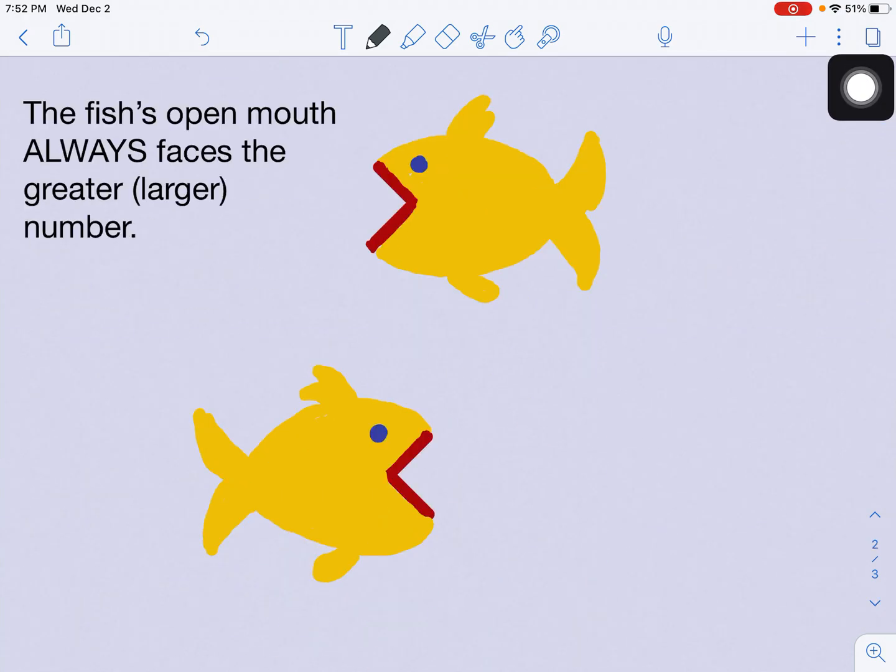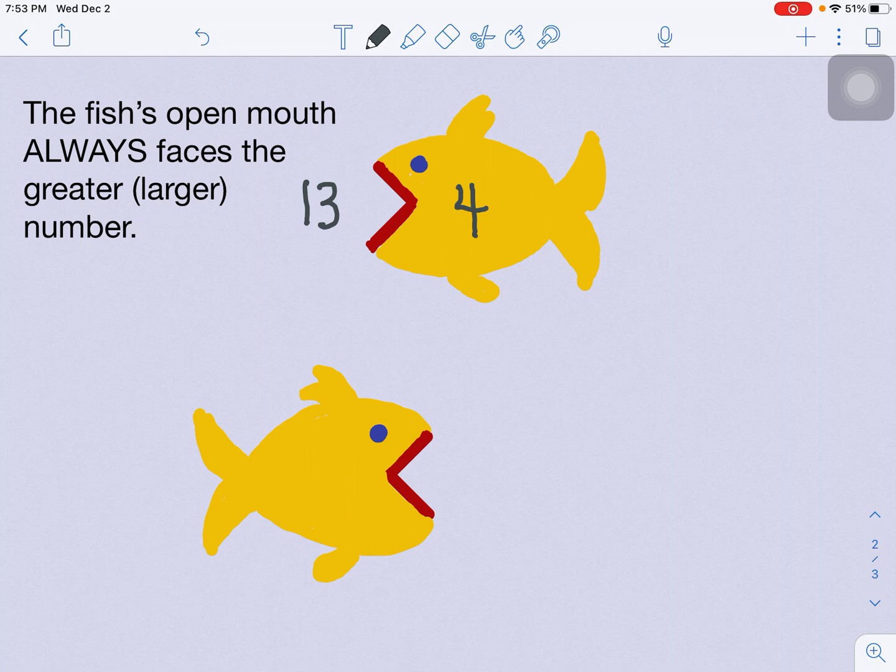To help some of us understand, I thought I would show this little picture of these two fish here. Think about it this way. The fish's open mouth always faces the greater or larger number. So let's say that I am going to be comparing the numbers 13 and 4. Which one is greater? In this case, 13 is greater than 4.